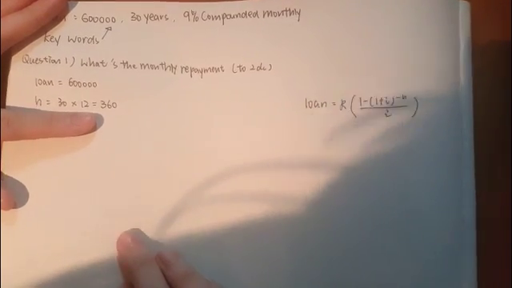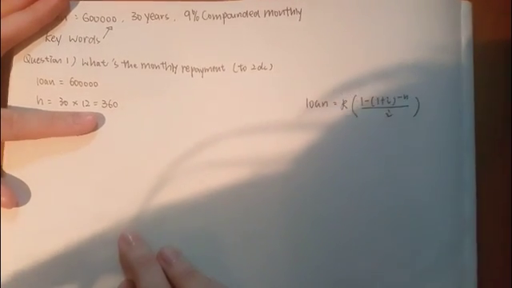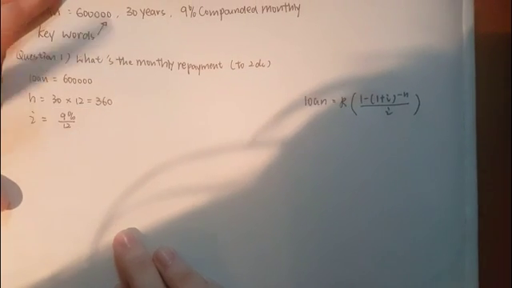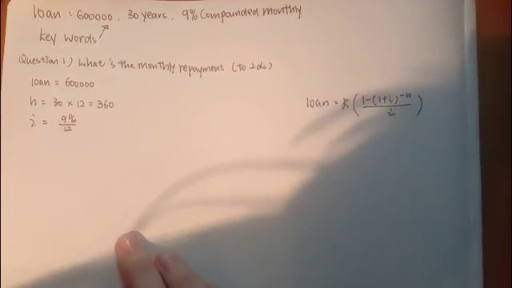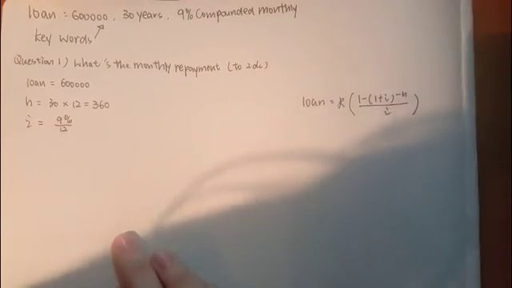Then we can calculate the interest rate. The interest rate I is equal to 9% divided by 12. After that, we can substitute the numbers into the formula.